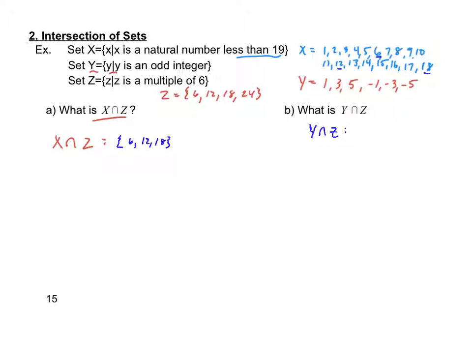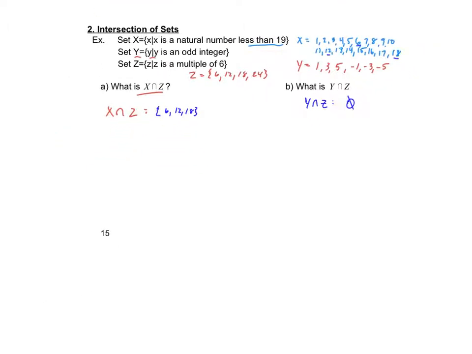If we think about it, are there any multiples of 6 that would be odd values? There are not. So that's one of those things that would be a disjointed set because they do not overlap. We have to be aware of that. That would be represented as an empty set, that disjointed set we spoke of.